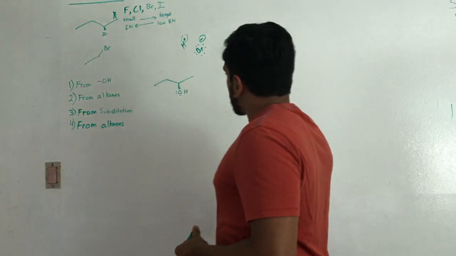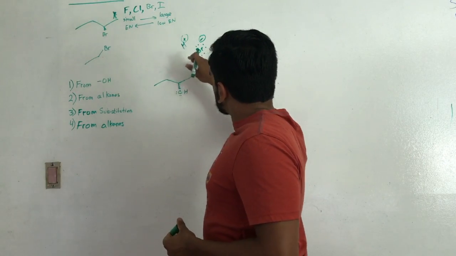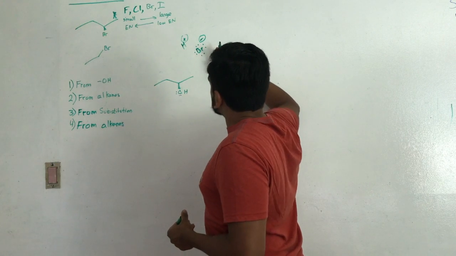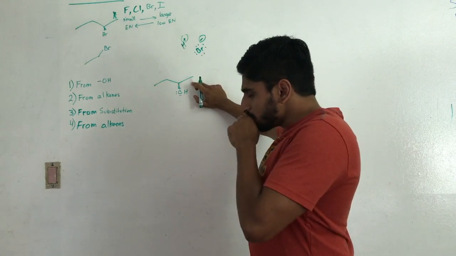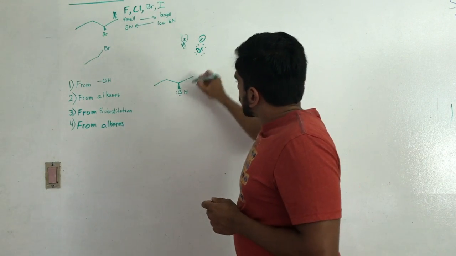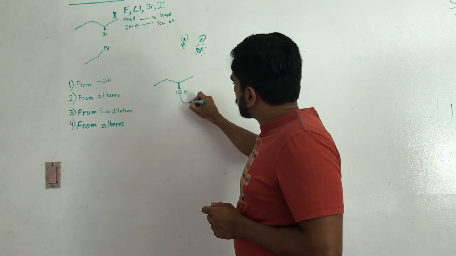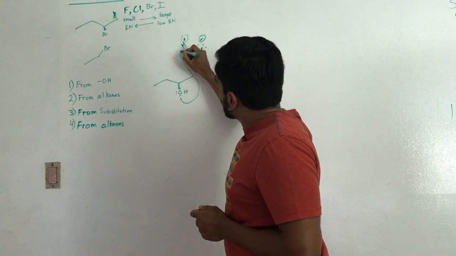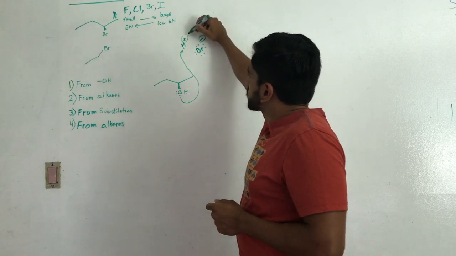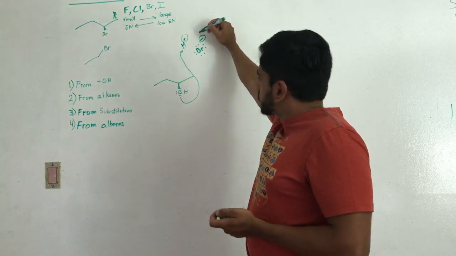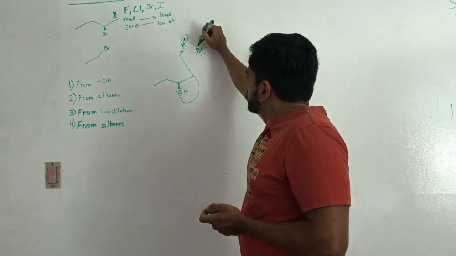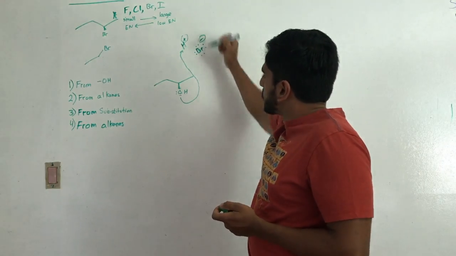So generally what you have happening is if you introduce hydrobromic acid to this compound, these electrons on the oxygen have the ability to come around and grab this proton, because this proton is basically the definition of an electrophile.